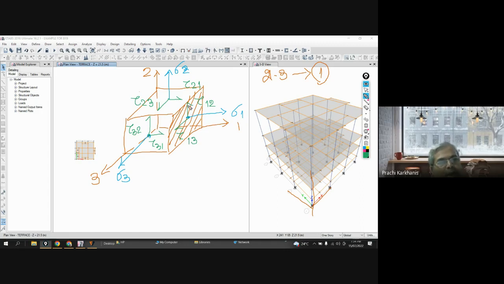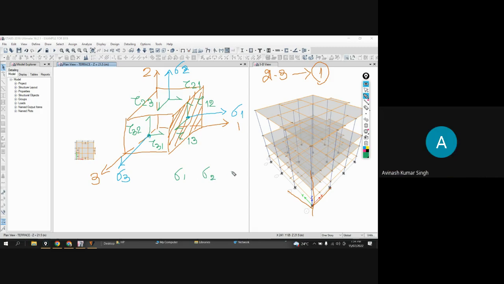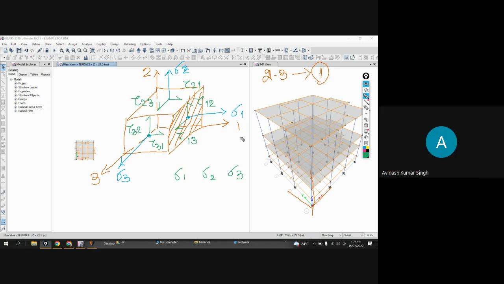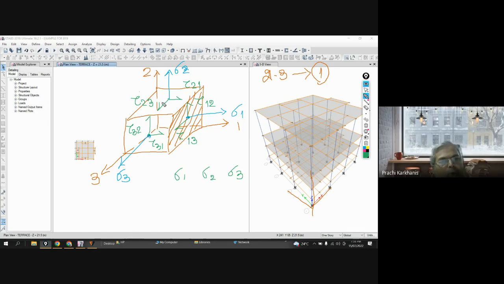So you will see that if this entire 3D structure has to be in equilibrium, sigma 1, sigma 2, and sigma 3 have to be 0. Right? Yes, sir. Similarly, you can see that tau 1 2 is equal to tau 2 1, so I will say only tau 1 2, because both are same. Only then it will be in equilibrium. Clear?